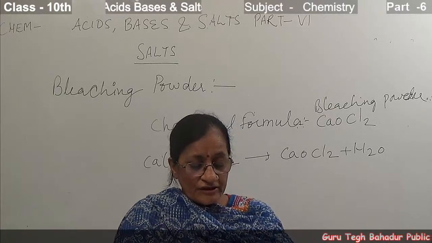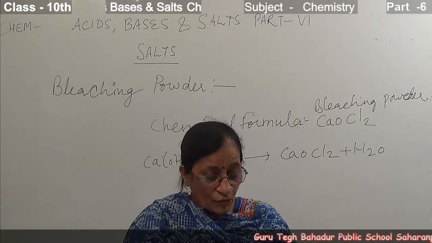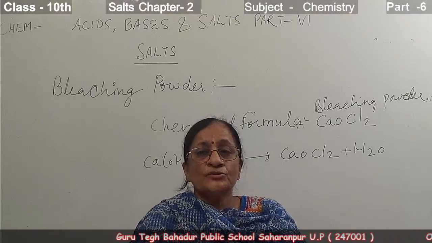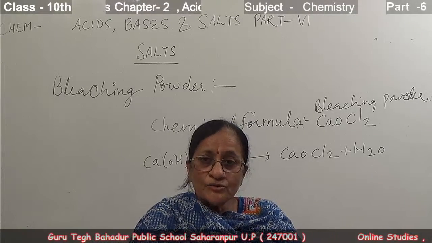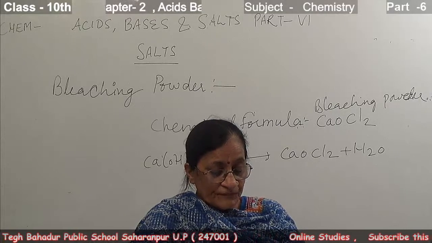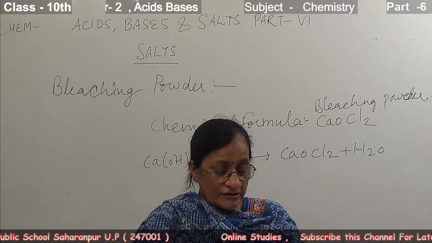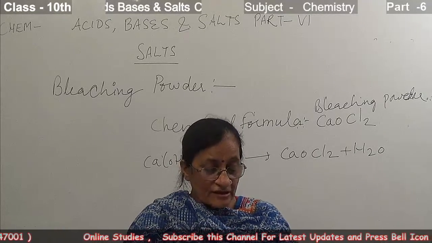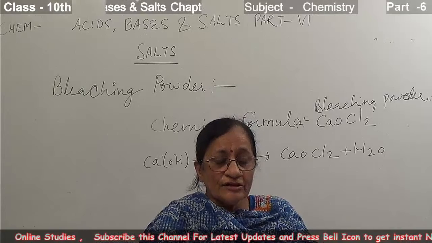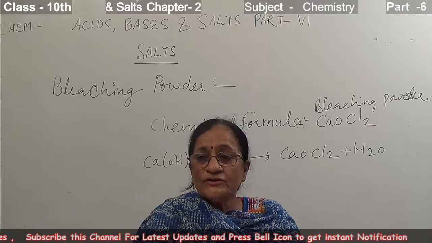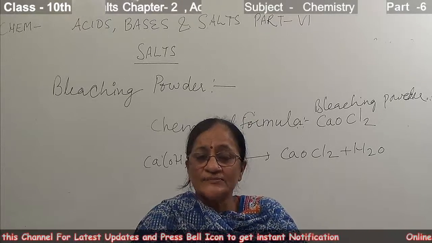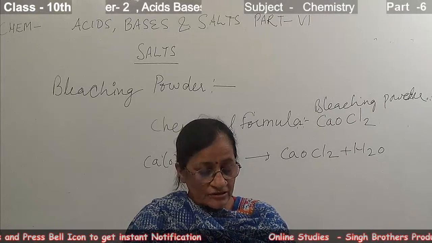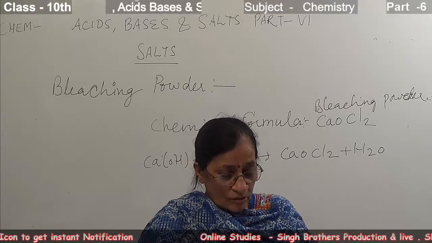It is used for disinfecting drinking water to make it free from germs. Next, it is also used as an oxidizing agent in many chemical industries. It can be used to make colorful substances colorless. So these all are the uses of bleaching powder.